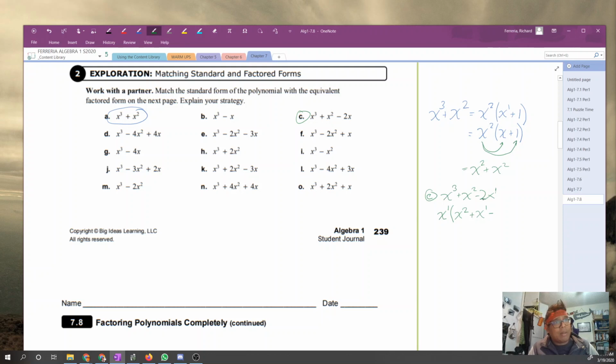Minus, now the coefficient, again, you're going to leave that alone, 2. And then you got the x, 1 and 1. 1 minus 1 is 0. So that is a 1. Anything to the 0 power is equal to 1. Alternatively, you don't even have to write that 1 because there is that coefficient of 2 holding our place.